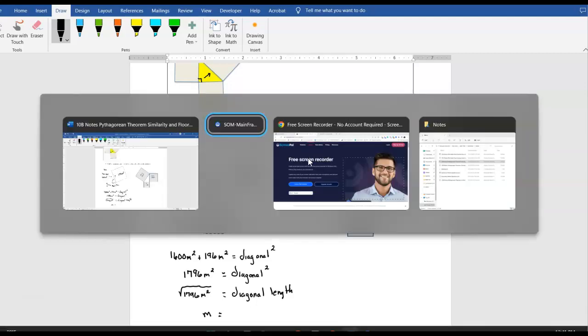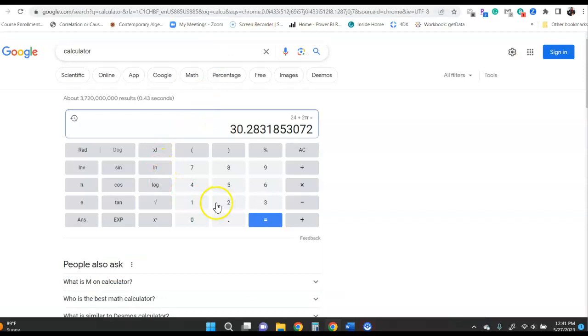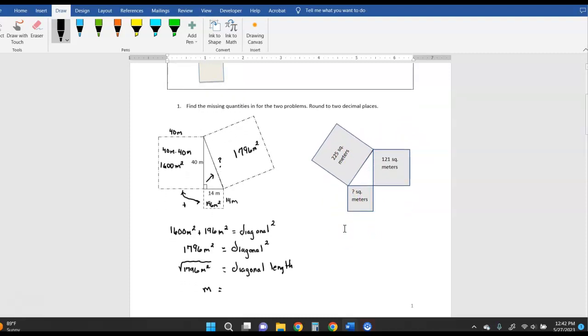So I'm going to go over to my calculator. If I turn it sideways, I'm going to see a square root. So I can take the square root of 1,796, and I end up with 42.3792, and so on and so forth. This time it says to round to 2 decimal places, so 42.38 meters is this diagonal length.